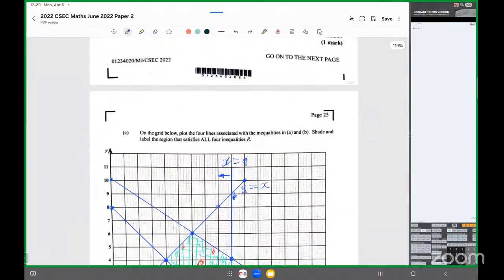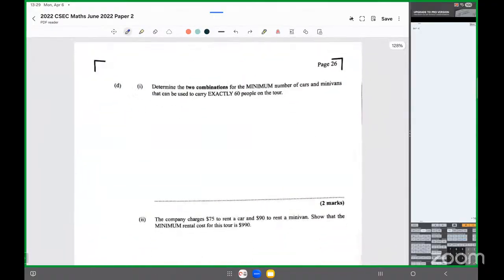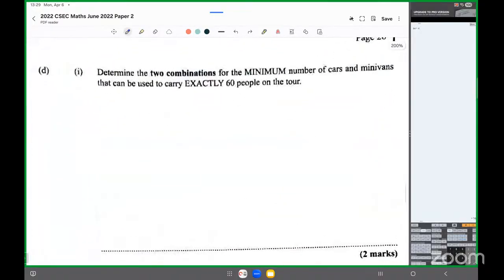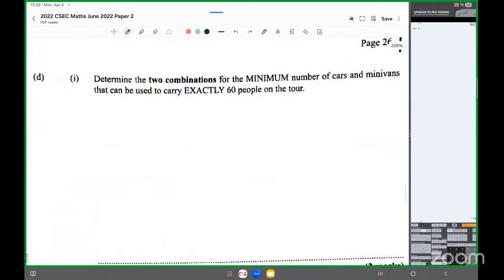Down here now it says: determine the two combinations for the minimum number of cars and vans that can be used to carry exactly 60 persons. If you want to carry exactly 60 persons, it means that you're on the line for 60 persons, which was 4x plus 6y equals 60.